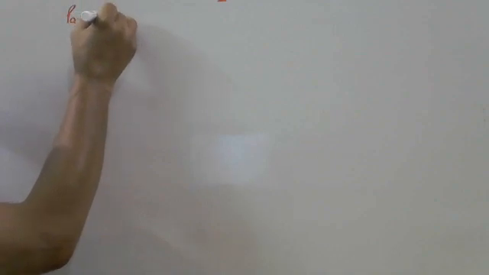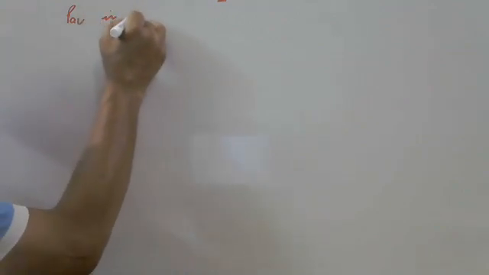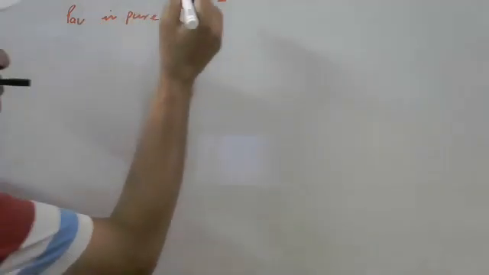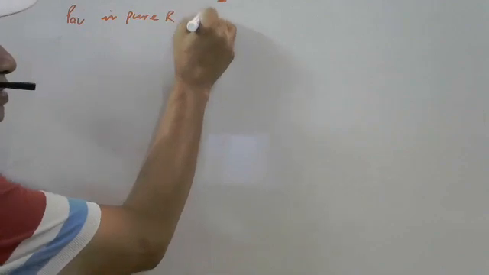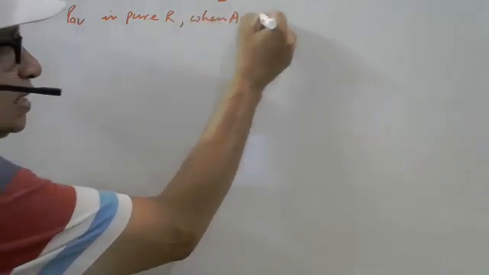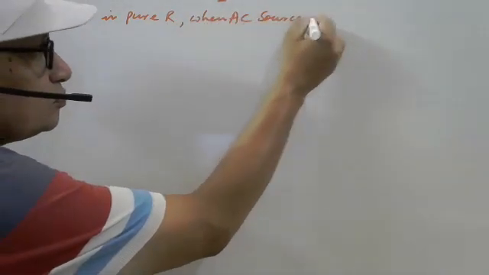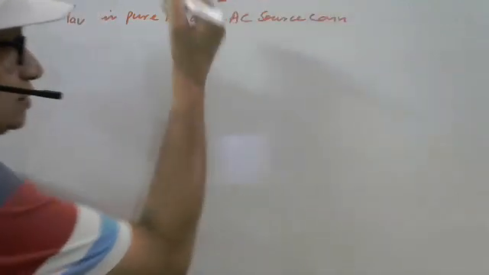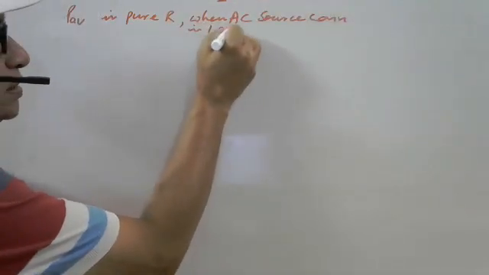So this is the derivation of average power for one cycle. Power average in pure resistance when an AC source is connected across it, in one cycle.